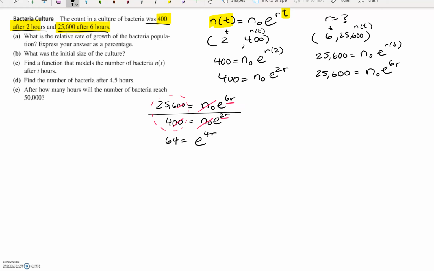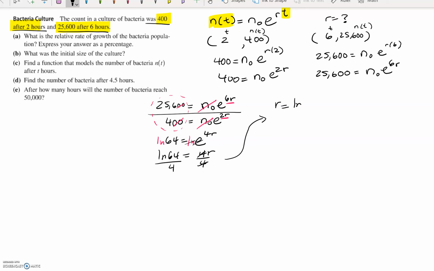So again, you can do a substitution if you want, isolate N naught and plug it into the other equation, or you can use this trick of dividing the two equations. Now I'm going to solve for R by taking ln of both sides. These cancel, so I have ln of 64 equals 4R, and dividing by 4 will help me get my relative growth rate.